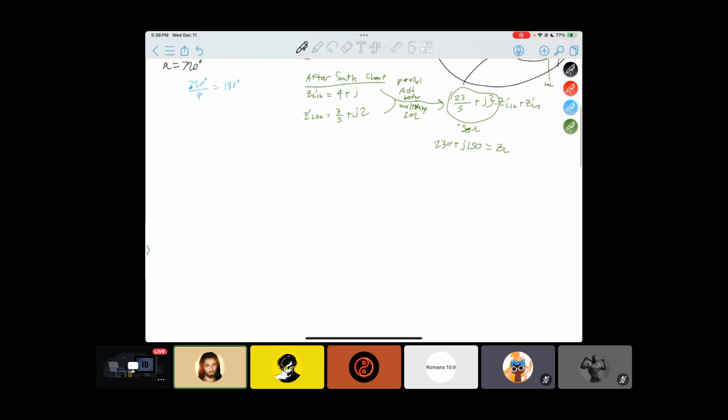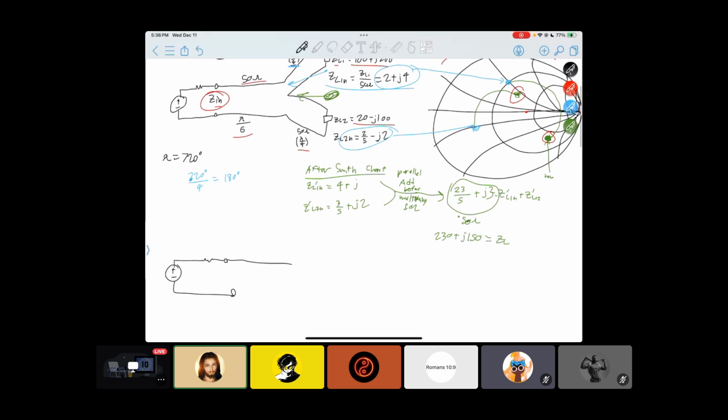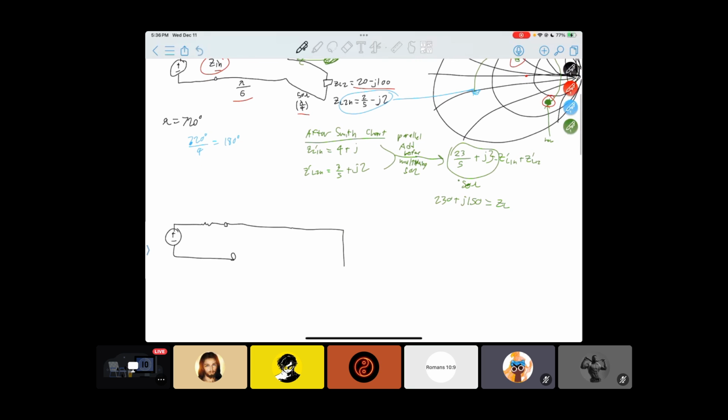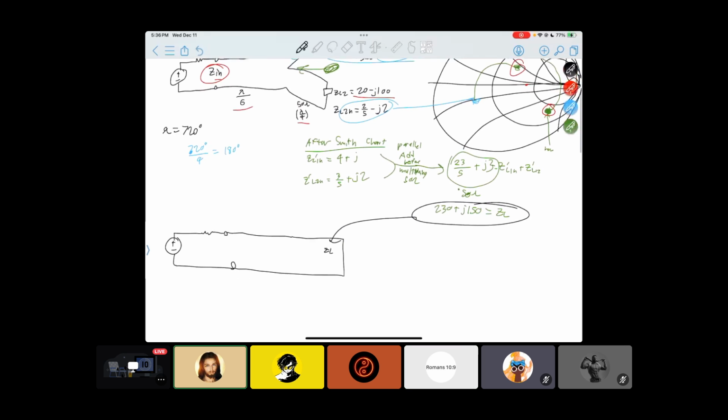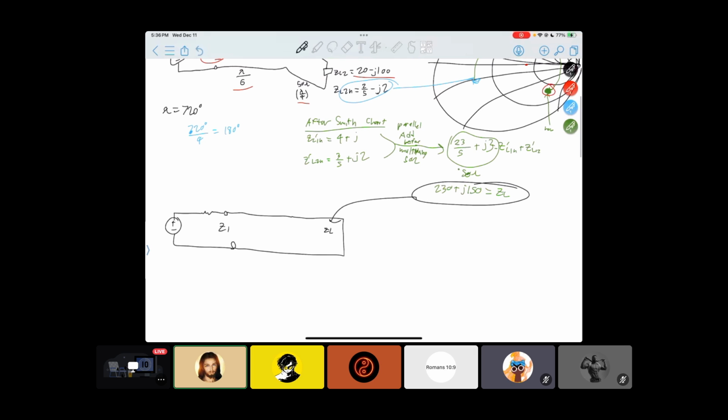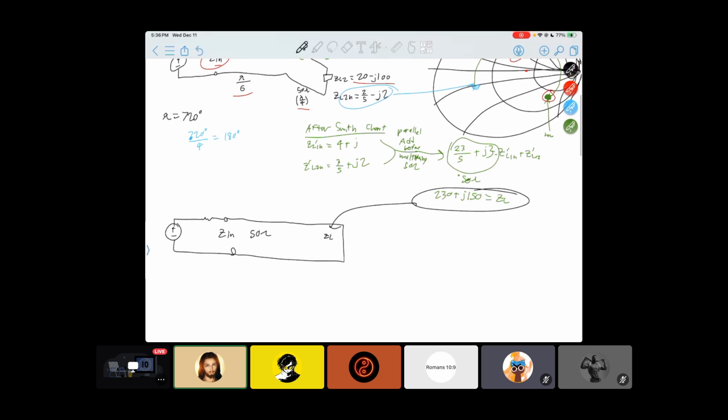So now we basically simplified our circuit, or I call it a circuit, but this is a waveguide, I think, to this. This is our ZL right here, and we're still trying to find Zin. And we are now in another 50 ohm realm because we already dealt with this.